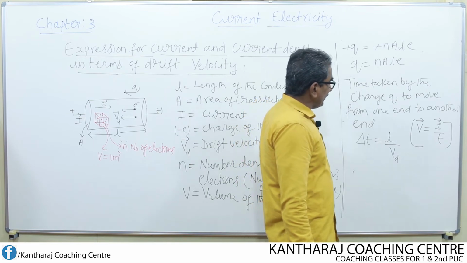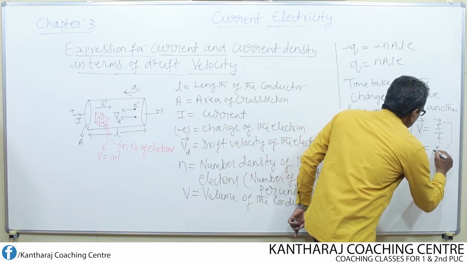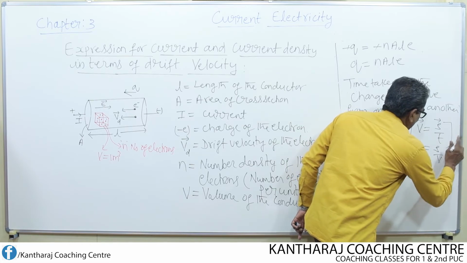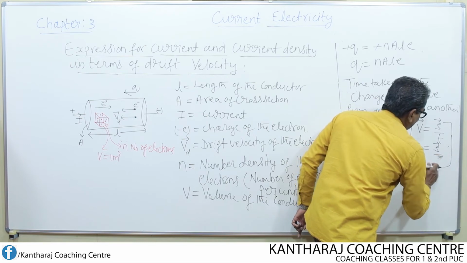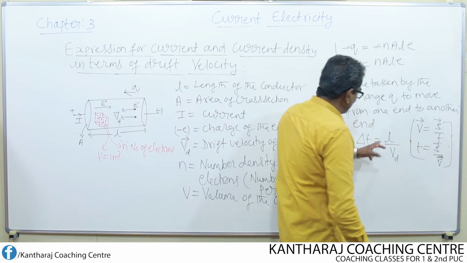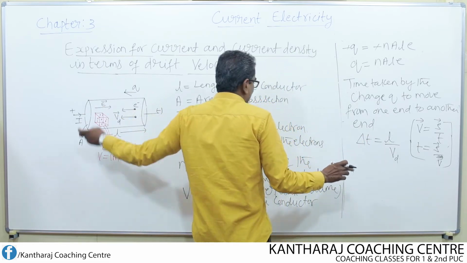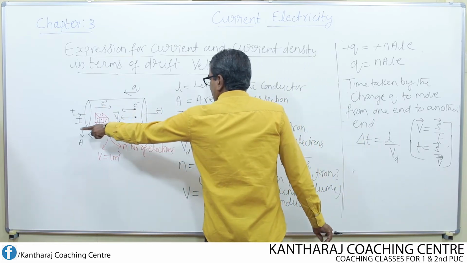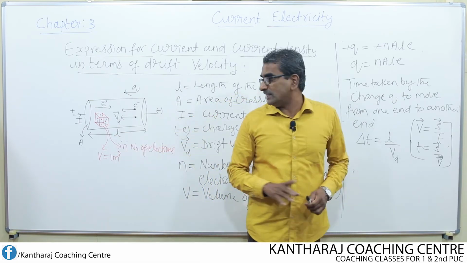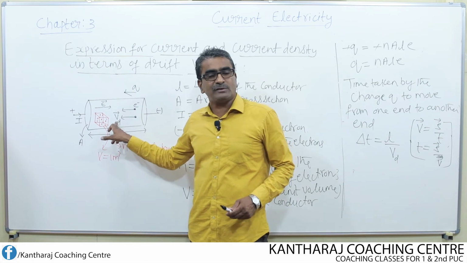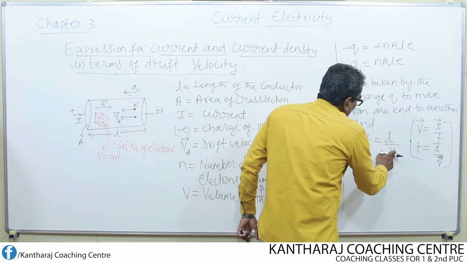So therefore, if you cross multiply this, what do you get? T equal to S by V. So that is what I used here. So delta t is the time taken by the charge to move from this end to this end by covering a distance equal to length of the conductor. With what velocity does this electron move? This electron moves with a velocity Vd. So therefore, delta t equal to L divided by Vd.